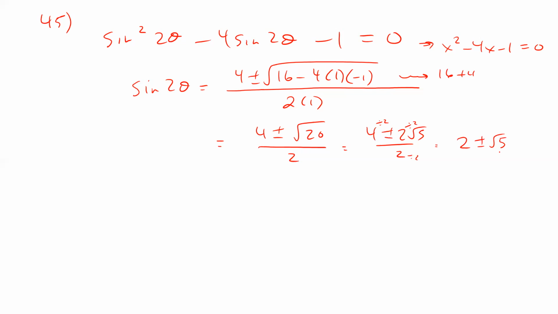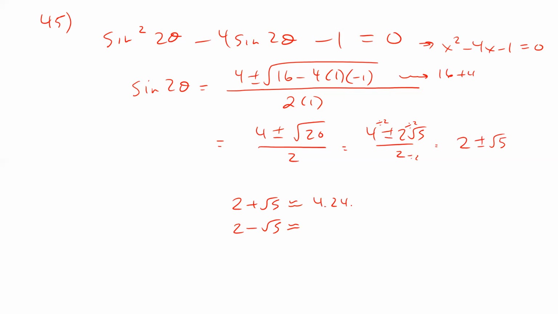Whoever has a calculator that can work this with me here, can you give me the approximate value for 2 plus root 5 and then 2 minus root 5? Let's see which one works. 2 plus root 5 is 4.24. Gotcha. Okay, what do we know about that?